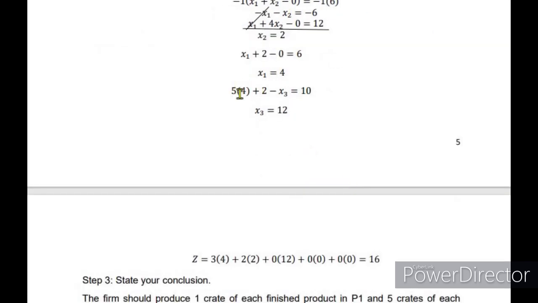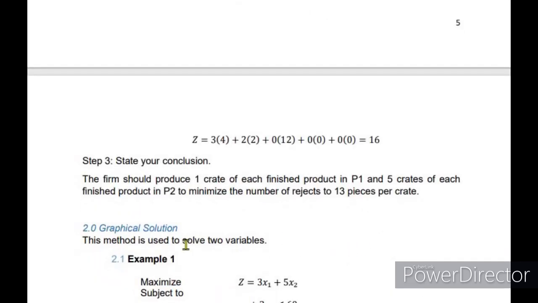So all the variables are positive, so we can compute for the z value. To compute that, this is 4 because x sub 1 is 4, then this is 2 because x sub 2 is 2, then this is 12 because x sub 3 is 12. So 0, 0. So it is equal to 16. So now you can state your conclusion.